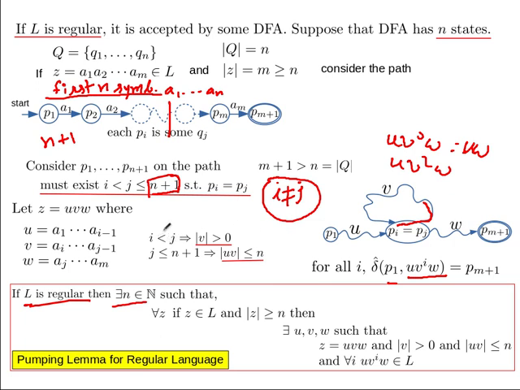So i is strictly less than j, so that means this V is not empty.